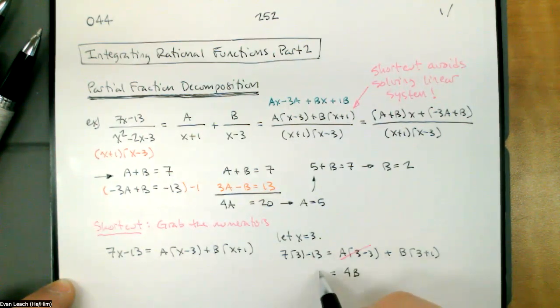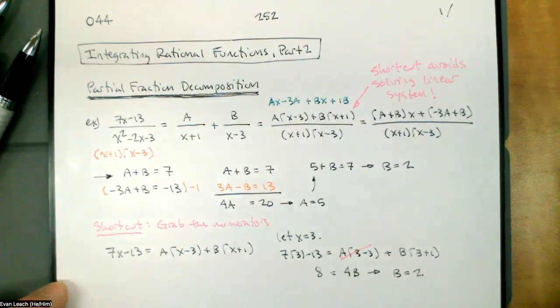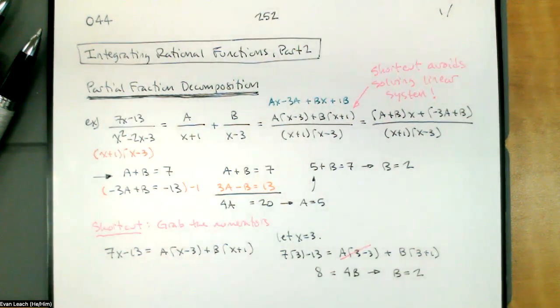And then 21 minus 13 is 8. So this tells us that b is equal to 2. Then we'll just do this again for another very convenient value like -1.